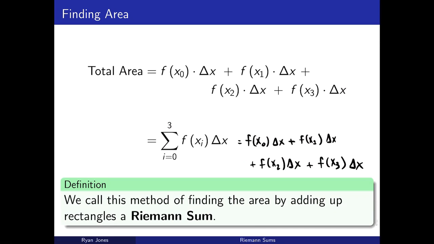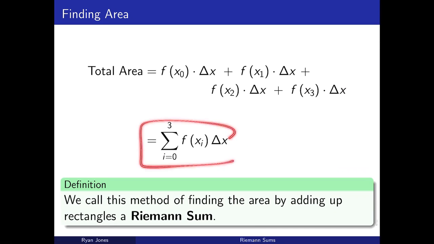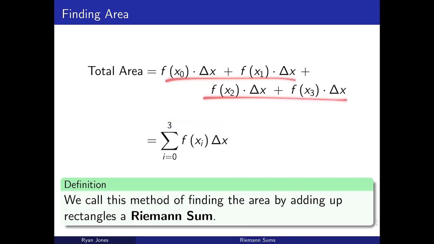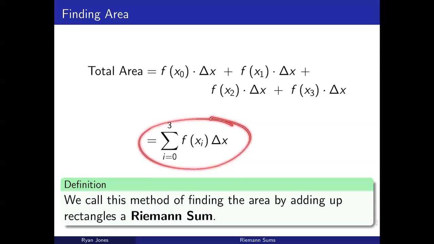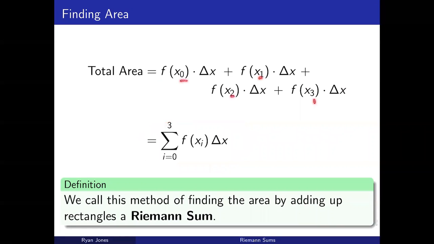And so this is just a fancy but much simpler way of writing this out. It'd be really nice if instead of just going up to 3, I was going up to like 72, if I had a bunch of intervals, if n was huge. That would be key in writing it in this notation here.